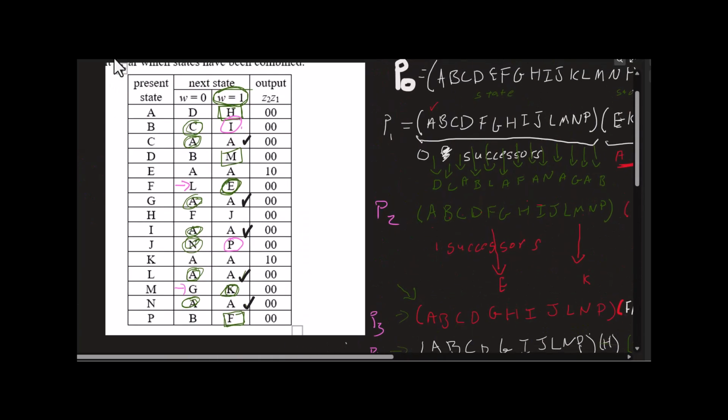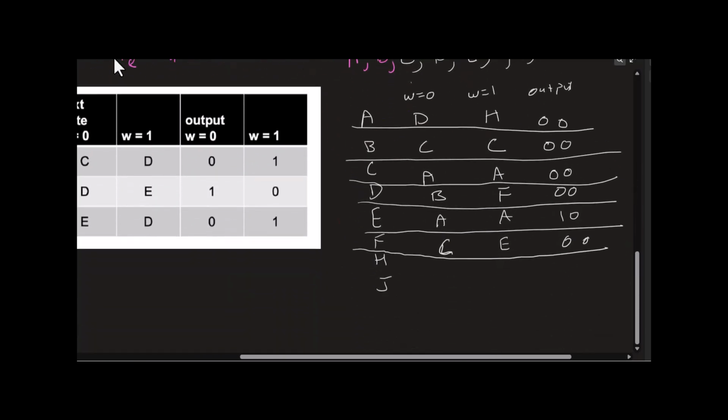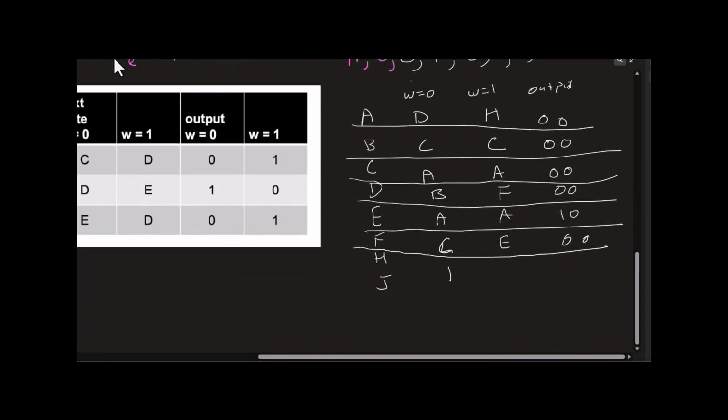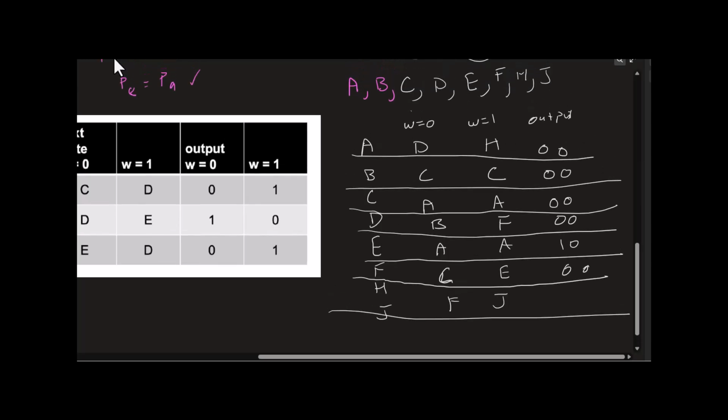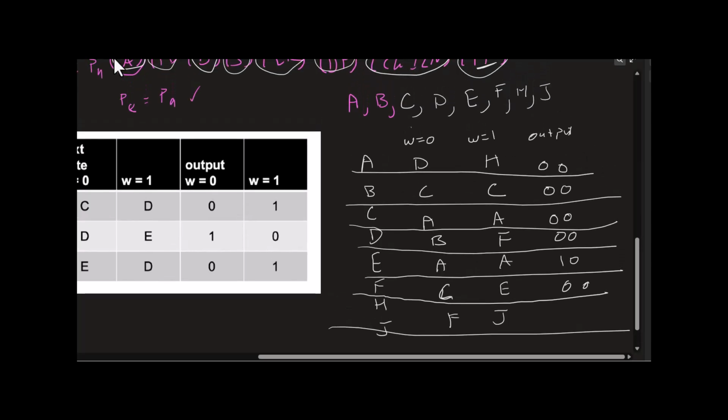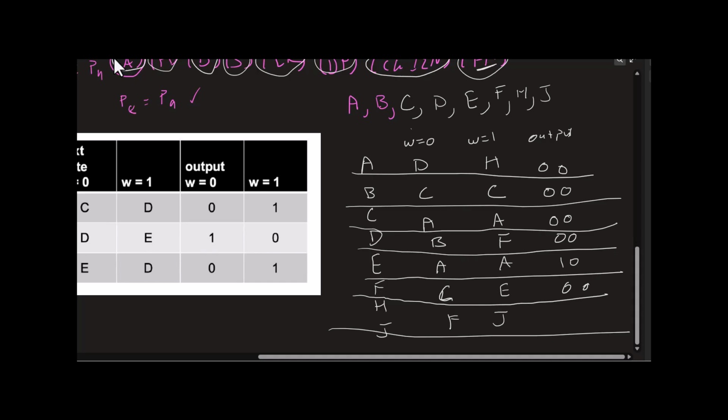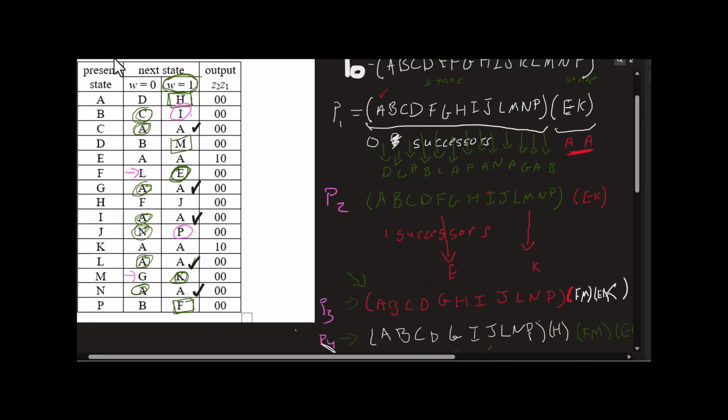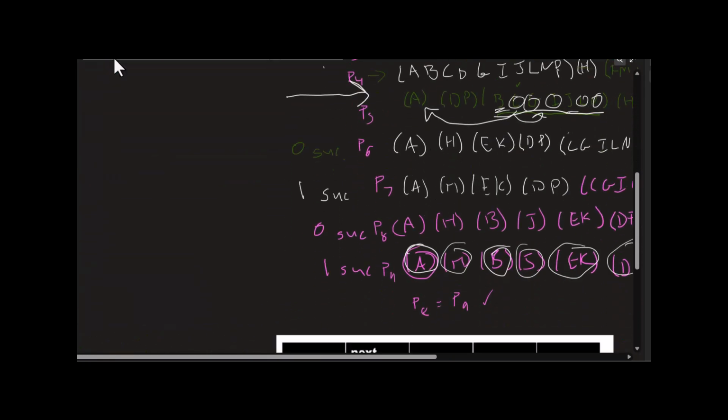H went to F and J. So what should I put? Can I keep F? For H, H originally went to F and J. Can I keep F? Yeah. And I can keep J. And H was 0, 0.